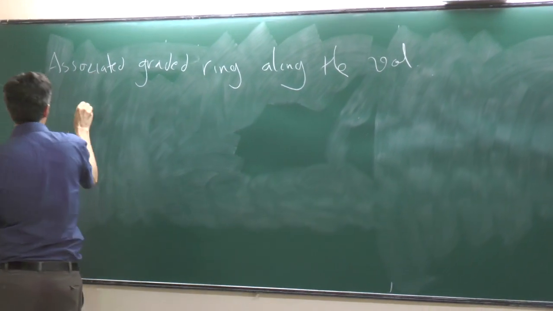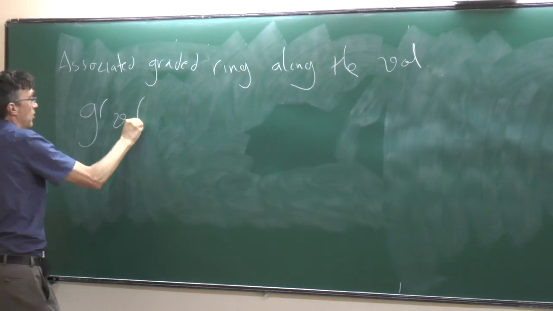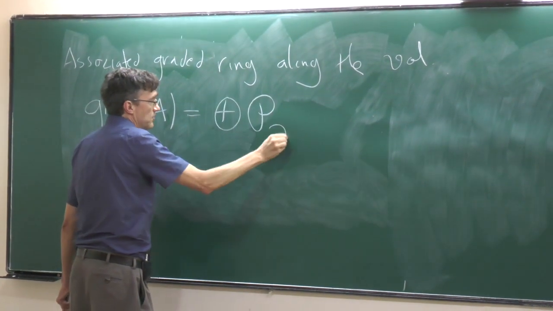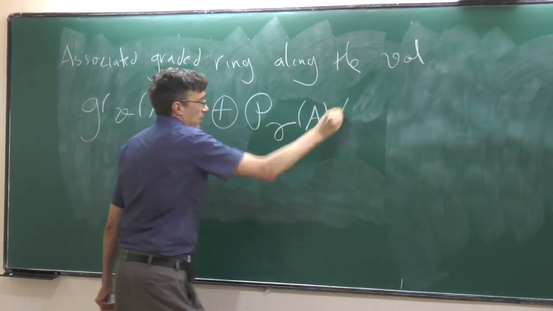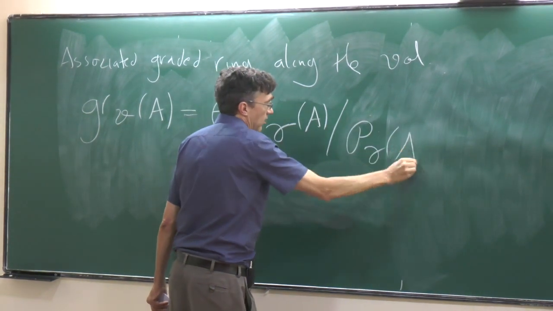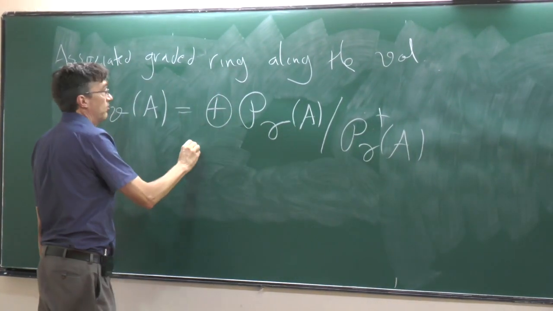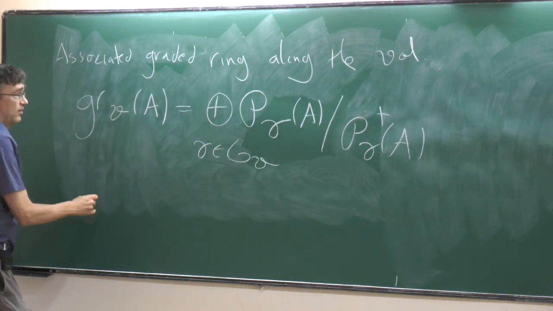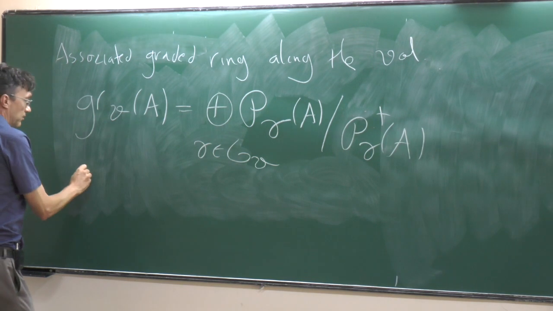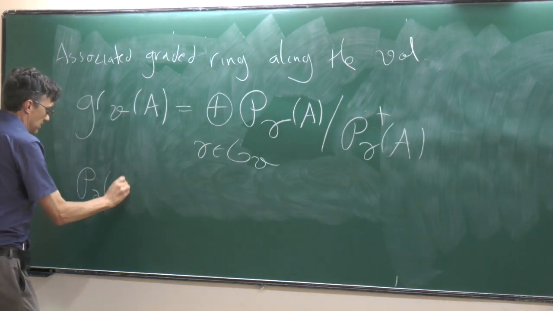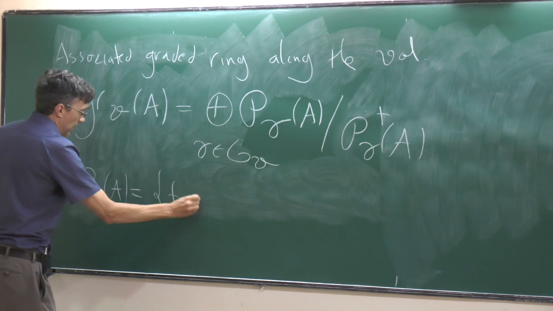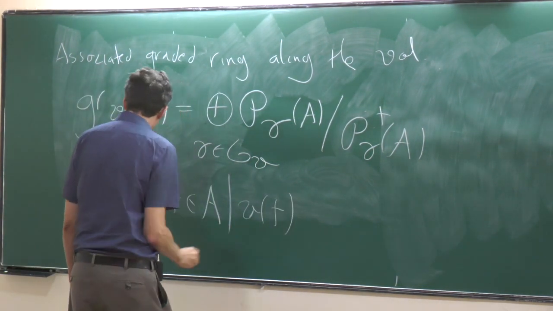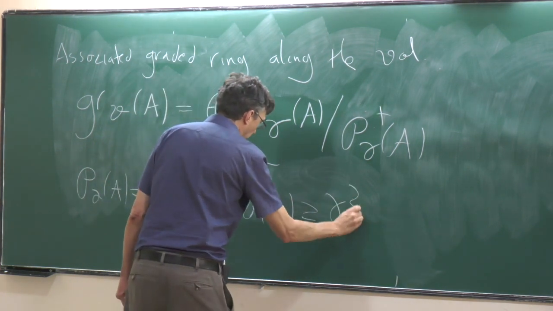Which you write like this, gr_nu A, and this is the direct sum, like this. I'll tell what these things are. The sum is over gamma inside the value group, and P_gamma of A is defined by the elements f in A which have value bigger than or equal to gamma.